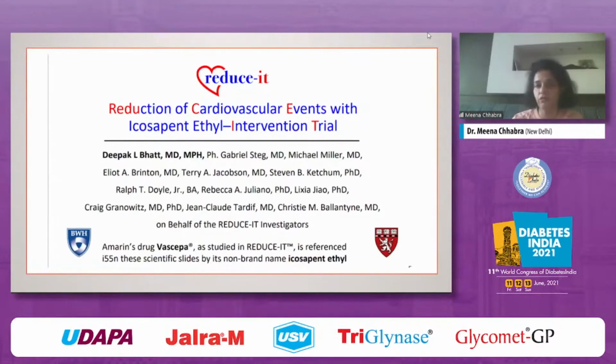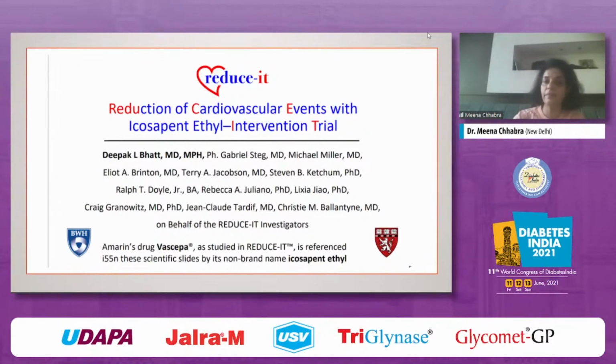Now, this is a very interesting trial called REDUCE-IT. In this, icosapent ethyl was used. It was an interventional trial, and a reduction of cardiovascular events was seen with icosapent ethyl. I'd like to tell you that this is an ethyl ester of EPA. We just told you that EPA is an essential fatty acid.